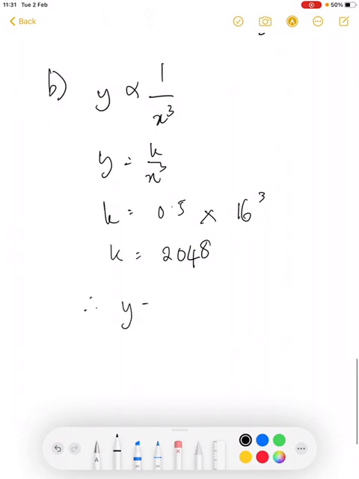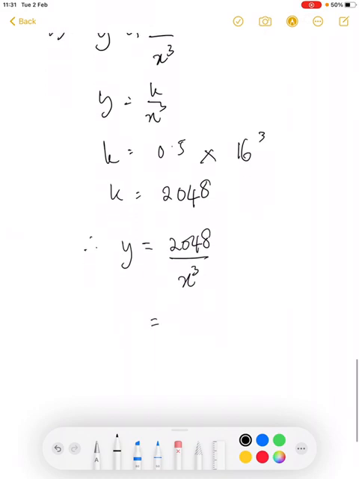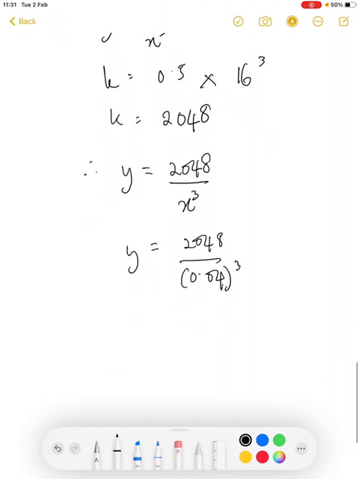So y equals 2048 over x cube. So when x equals 0.04, y equals 32 million.